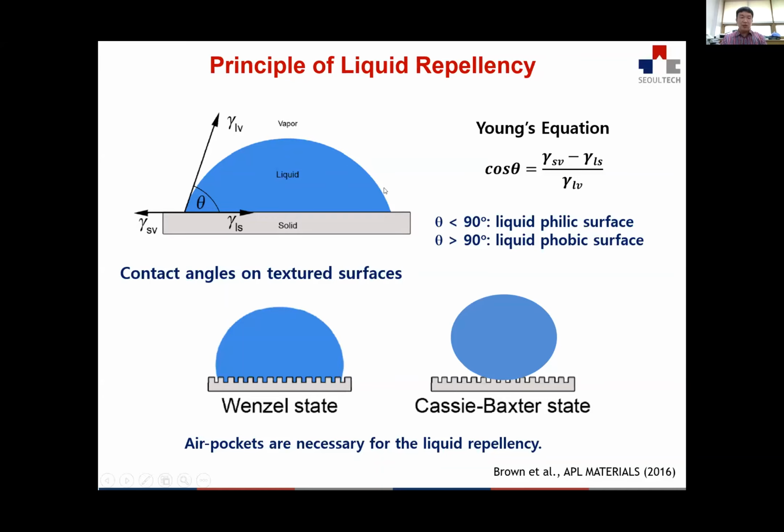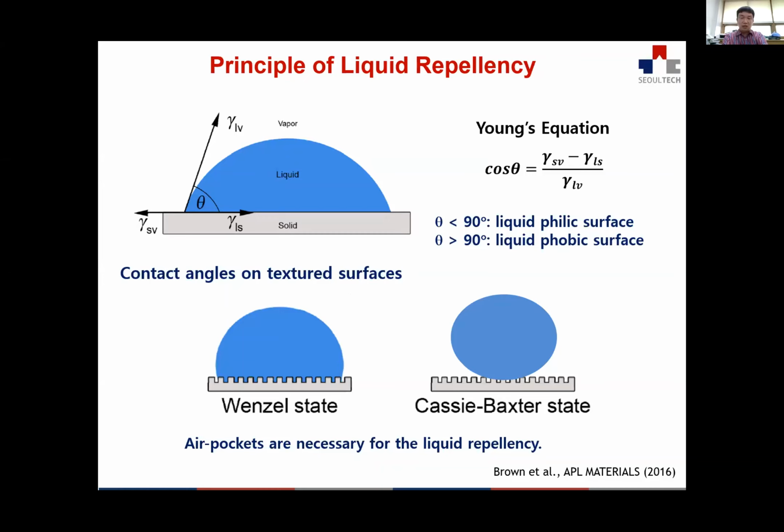for applications of super oleophobicity or super hydrophobicity, we use textured surfaces. In the case of the textured surface, there are two different models, the Wenzel state and the Cassie-Baxter state.